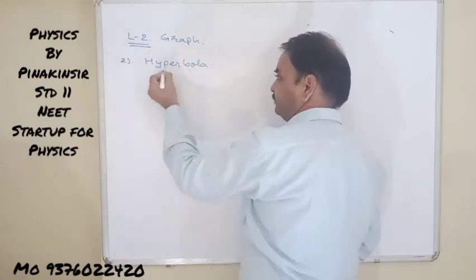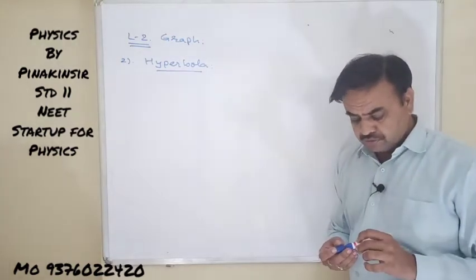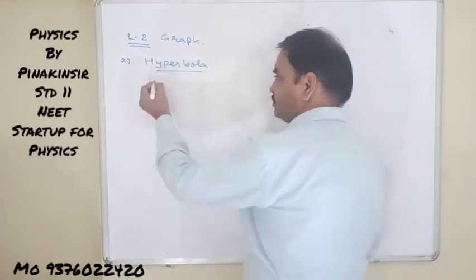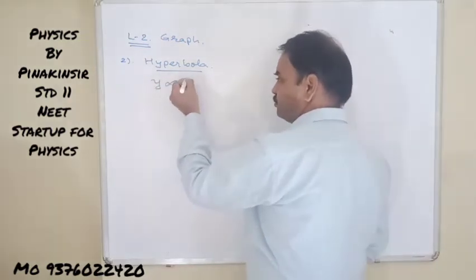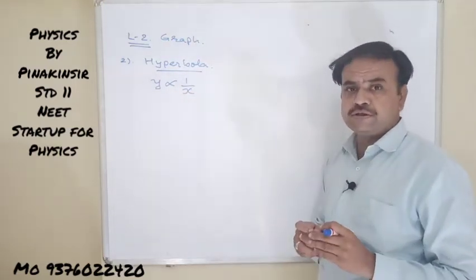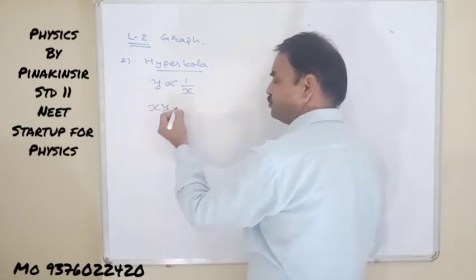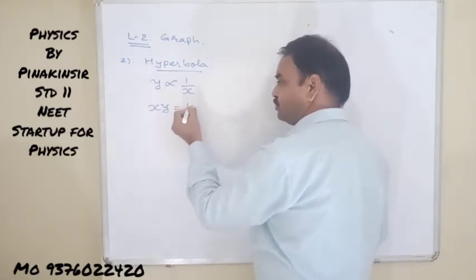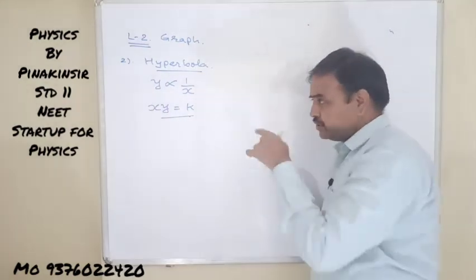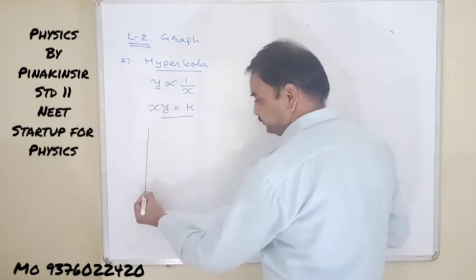In most mathematical expressions or in relations between two physical quantities, we are having such a type of relation, y is proportional to 1 upon x, that is inverse proportionality. Then we can say that the multiplication of both these quantities is equal to k. The graph of such a type of expression will be hyperbolic in nature.